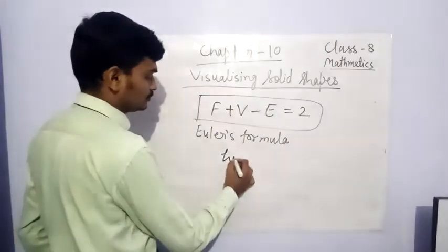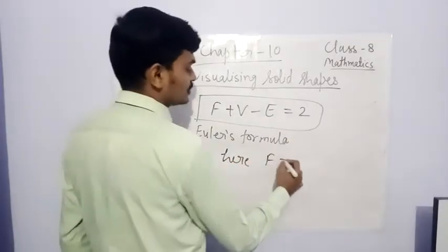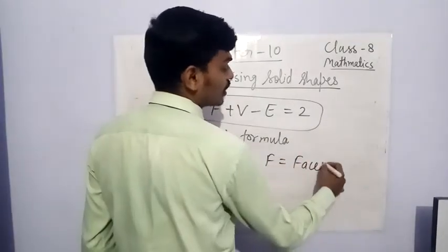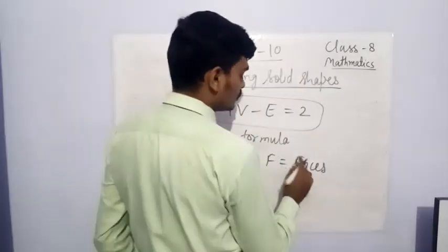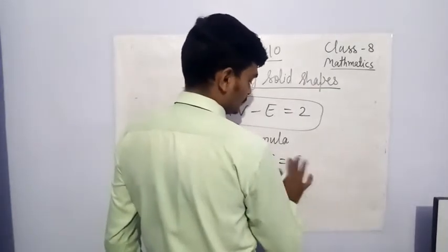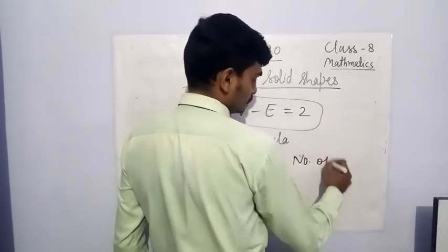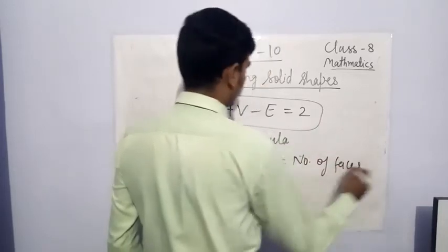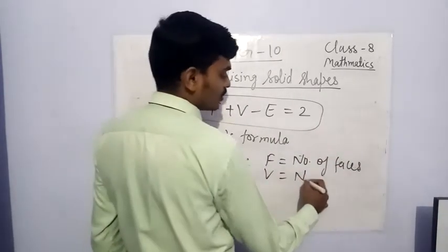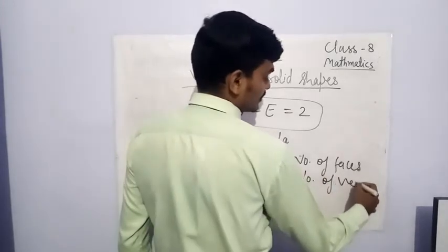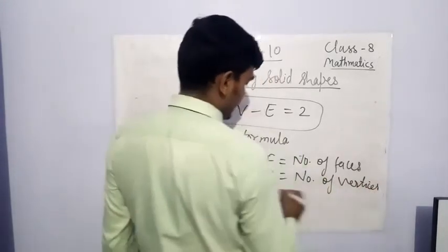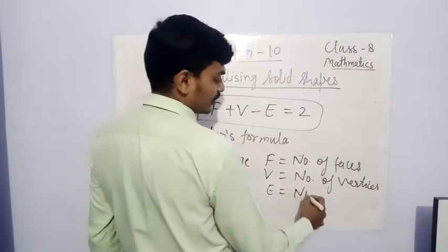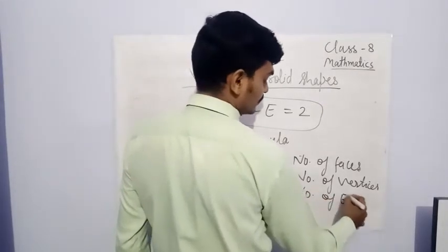Here F is equal to the number of faces, V is equal to the number of vertices, and E is equal to the number of edges.